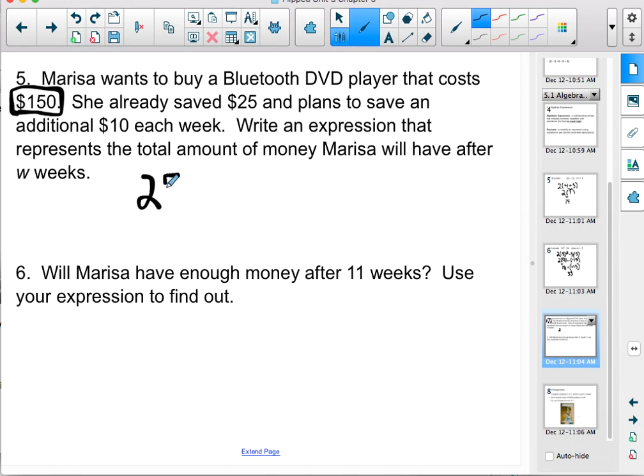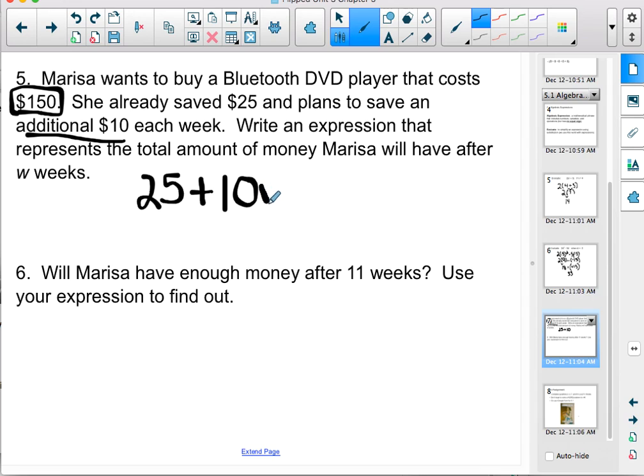And then she has this plan that as every week goes by, she's going to save an additional $10. So additional tells me that I'm going to be adding $10 every week. So that means that as 1 week goes by, I'm adding 10. As 2 weeks go by, I add 20. 3 weeks, 30. 4 weeks, 40.